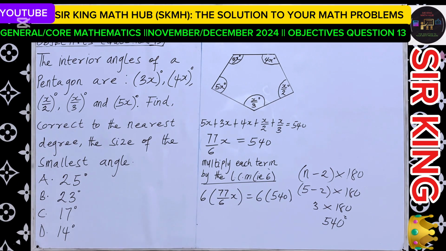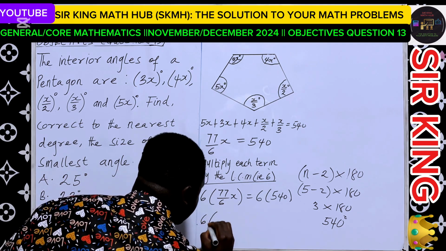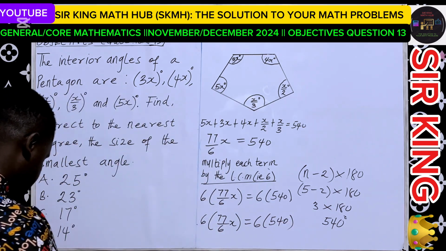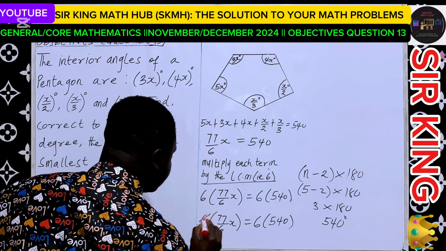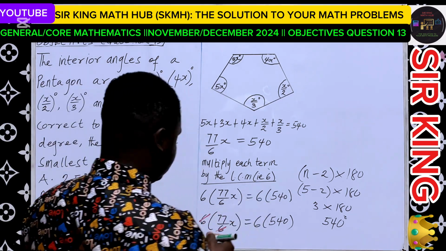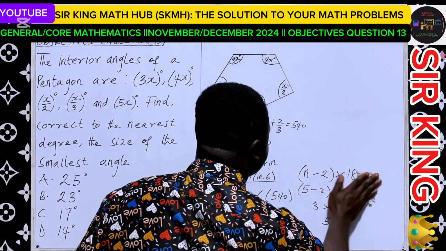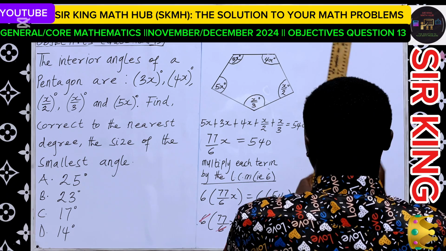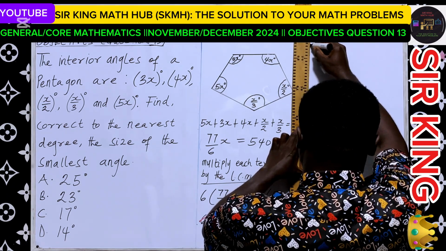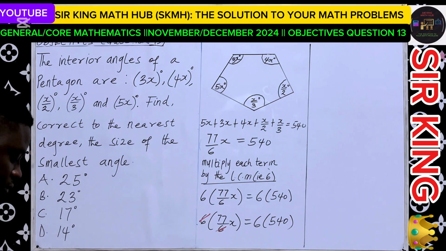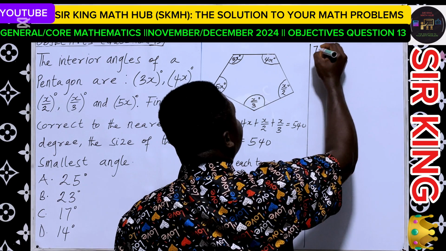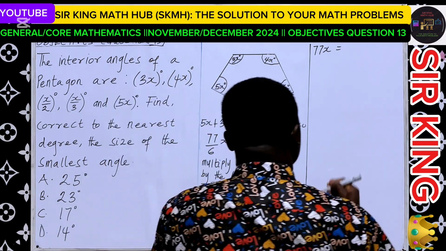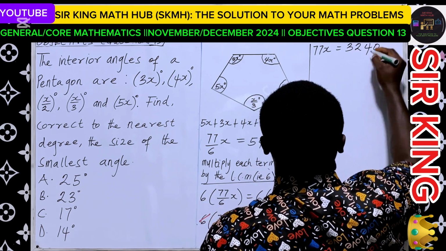So what happens? We see that 6 can cancel out 6, leaving 77x equal to 6 multiplied by 540, which is 3240.